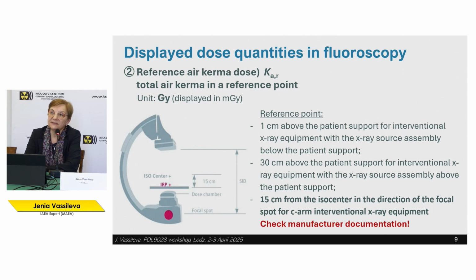Normally it's 15 centimeters from the isocenter for the C-arm systems in the direction of the focal spot, because at that point, if the patient lies on the table and the object is in the isocenter, normally that point is typically the patient's skin.